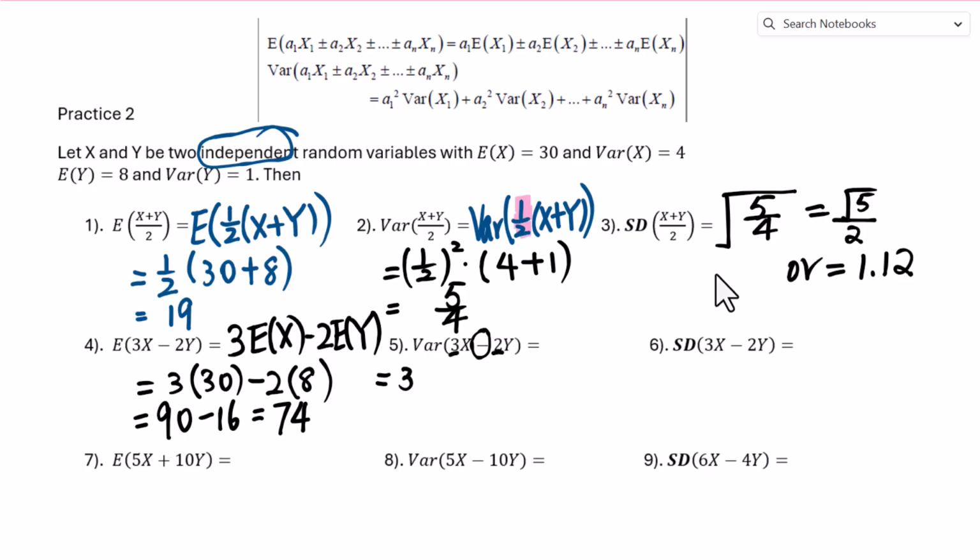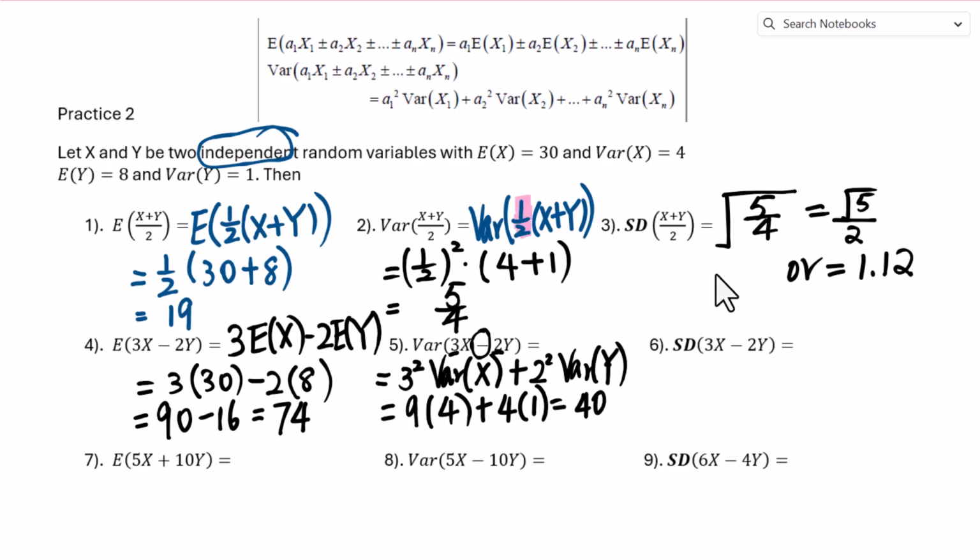So we get 3 squared variance of X plus 2 squared variance of Y, 9 times 4 plus 4 times 1 equals 40. So standard deviation of 3X minus 2Y equals square root 40, which is 2 square root of 10.